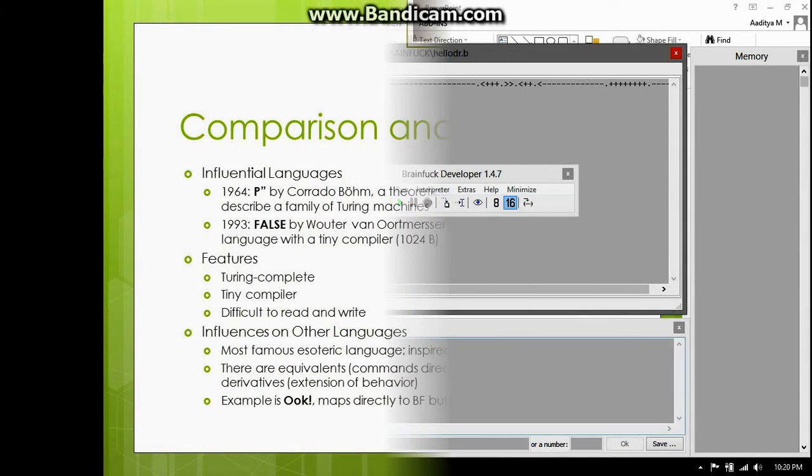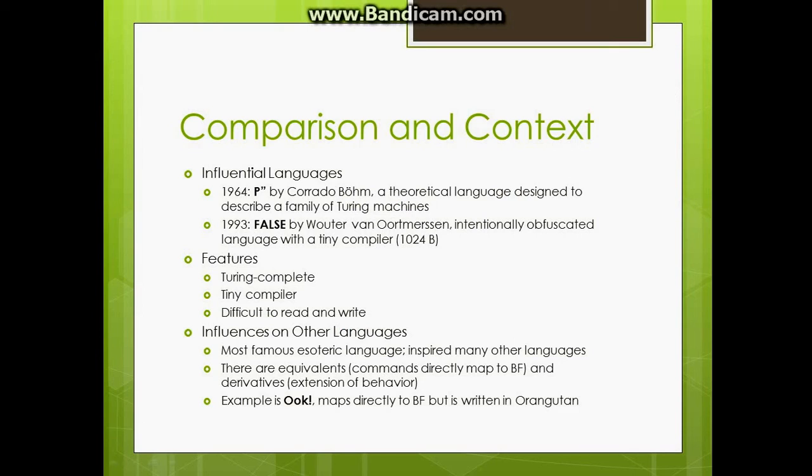P is a theoretical language designed in 1964 to describe a family of Turing machines. BF fits into that framework for describing programming languages, but was not directly influenced by P. In fact, Mueller probably wasn't even aware that that language existed.